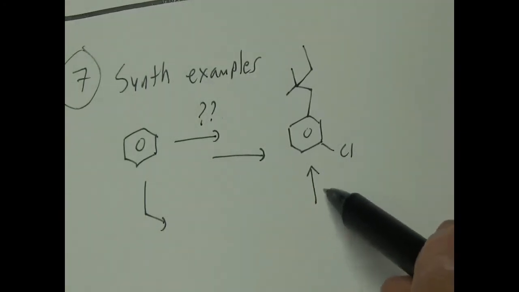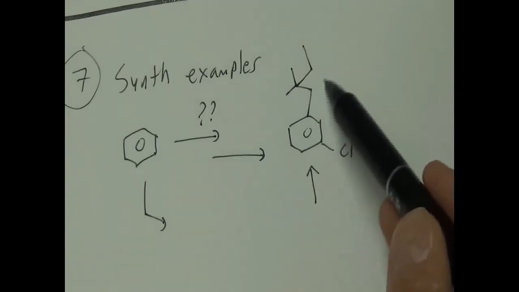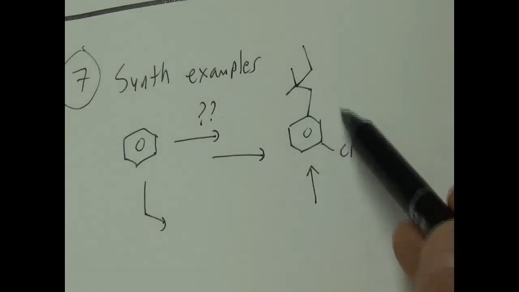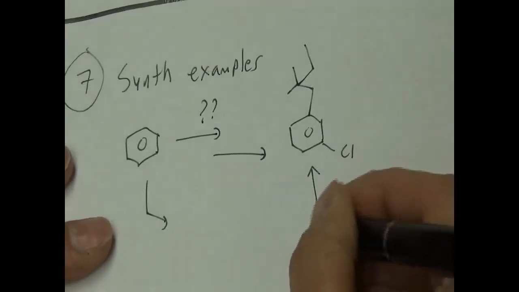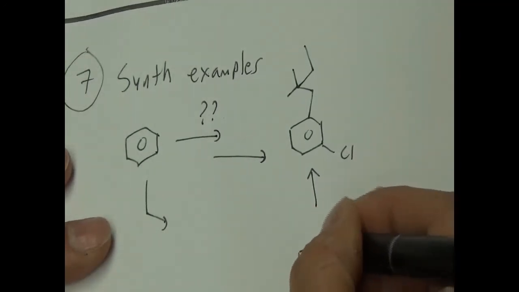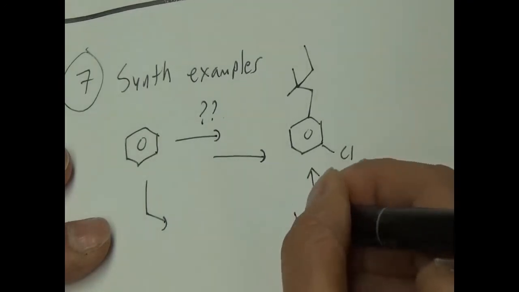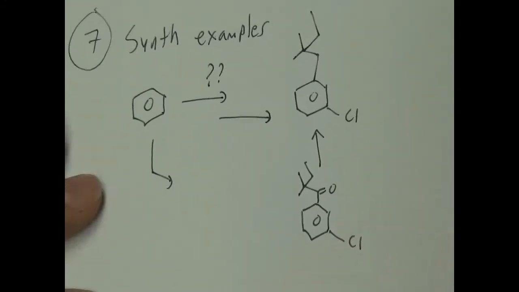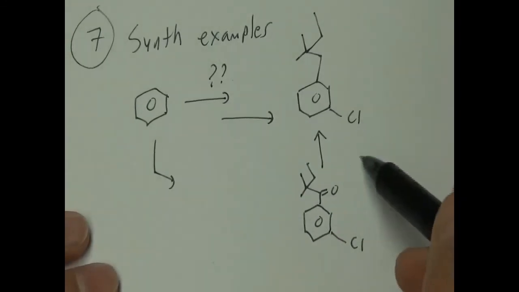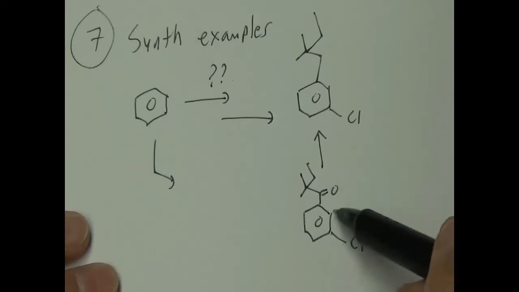Okay, what's the last step, maybe? Assuming this was actually a ketone, and the ketone would install the meta chloro, maybe we should just draw the ketone version here. And what's the magic condition to remove a ketone from one of these?